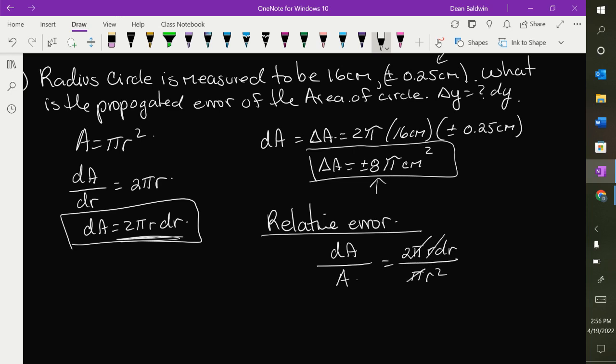That cancels, that cancels, that cancels, that cancels. You're left with 2 times dr over r.